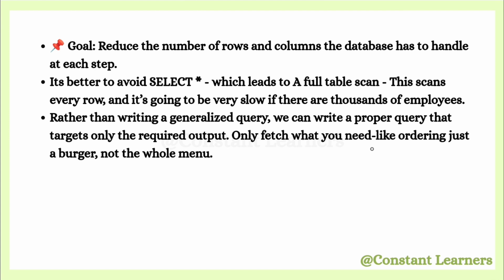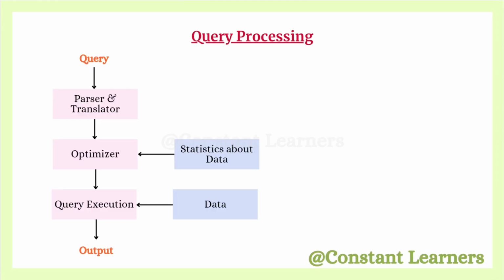Now let's discuss the steps involved in query optimization. Let's break this down into bite-sized pieces, a step-by-step breakdown of query optimization, so that everyone can understand how this works, even if you're just starting your database journey. Alright, now the optimizer comes after the parser and translator, and it uses the statistics about the data to fetch the result, right? This we have to remember while discussing the steps.